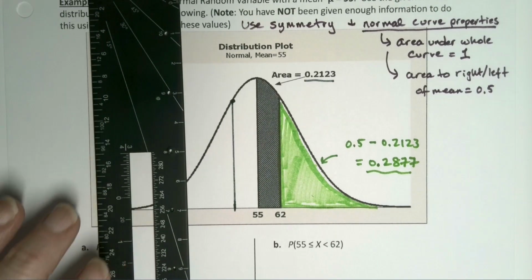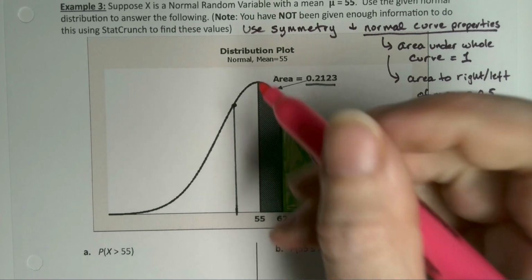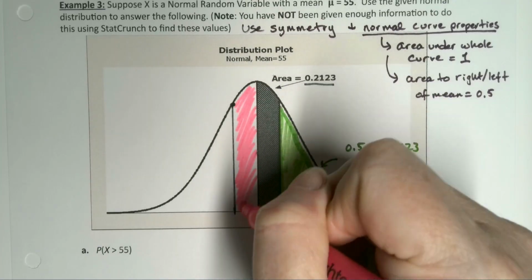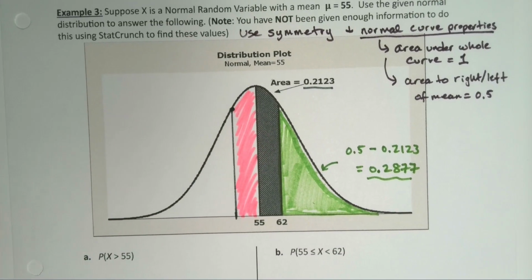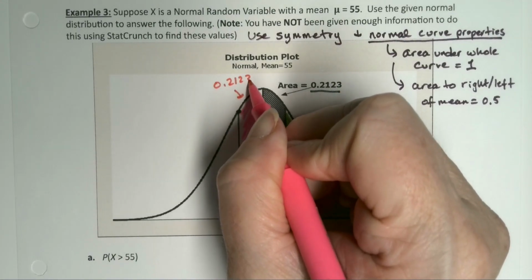Like that. It's not perfect, but it'll work. Okay, now I know what that section should be, because that section, by symmetry, is the same width as the section I already had, the charcoal section that was given. So that pink section that I just found should also be 0.2123 by symmetry.